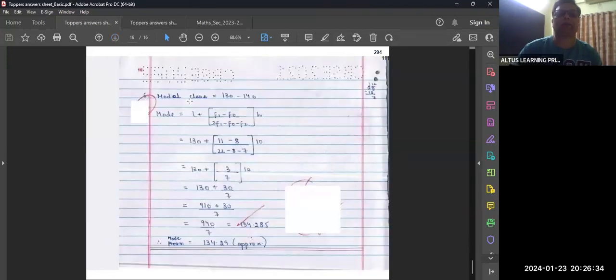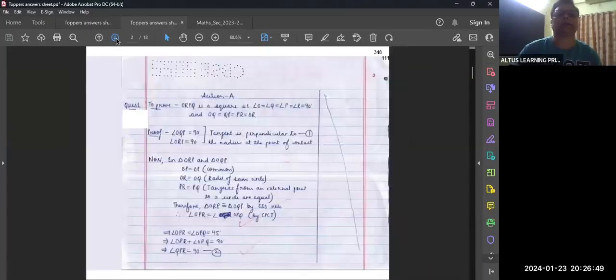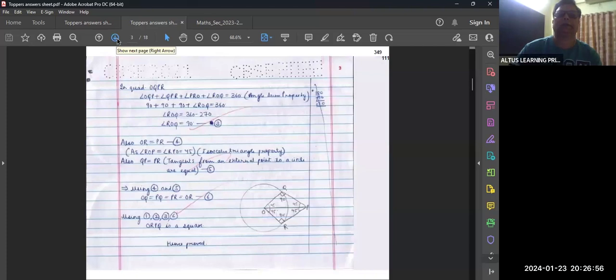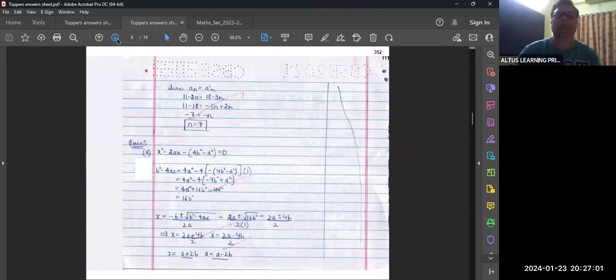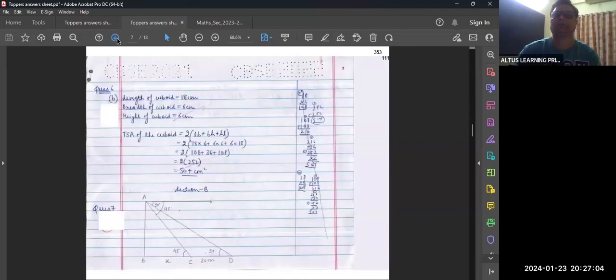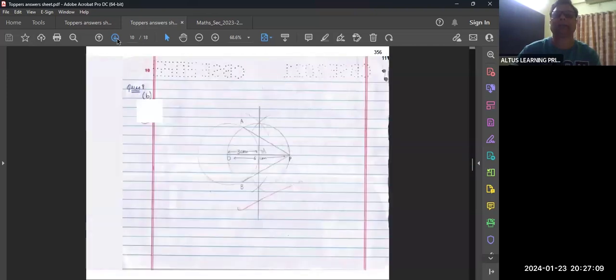I suggest that when you get the answer at the end of a question, you put it within a box so it is highlighted. This is the standard answer key. See, the child has drawn a margin on the right side. Any rough work is to be done in the margin only. This is the topper's marked answer sheet.